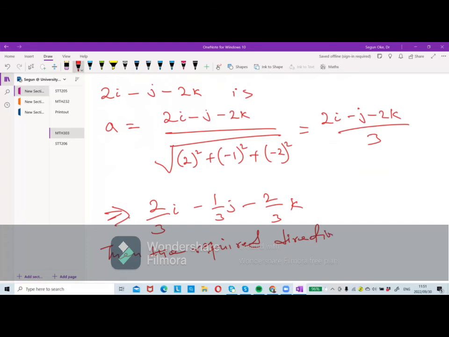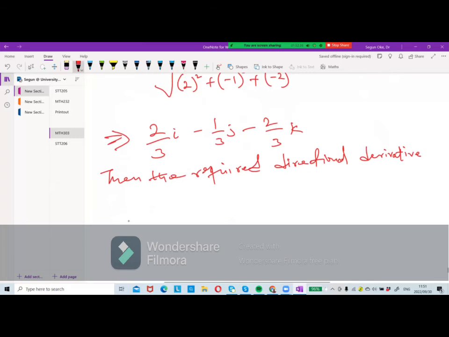They now said we should find the required directional derivative, which is del phi multiplied by a. We already have our a that we calculated the other time. So it's going to be this dot this.